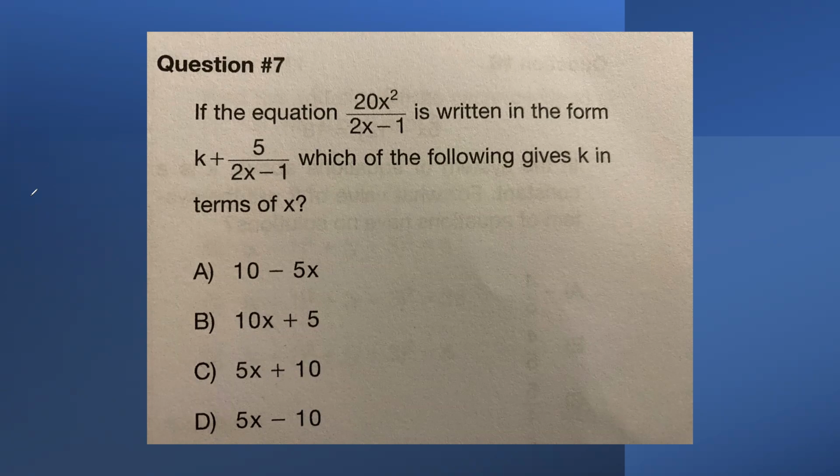So as we know, a fraction is in over out. So I need to write 2x minus 1 on the outside, and in goes, as a division, the 20x squared.